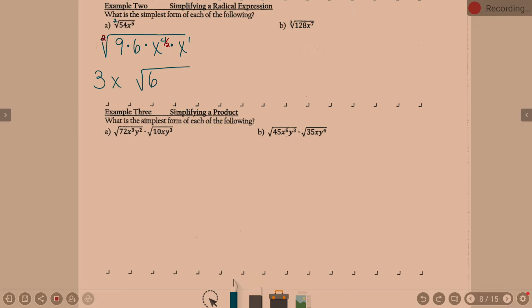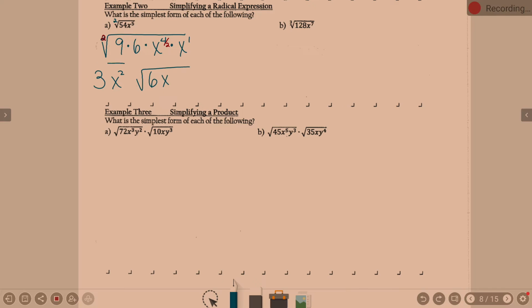We're taking the square root, and so x to the 2nd is outside. X to the 1st. Can I take the square root of x to the 1st? No. 1 does not divide by 2 and give me a whole number, does it? So x to the 1st is going to stay under the radical. I just wrote x. I don't need to write the 1st, but you can if you want.